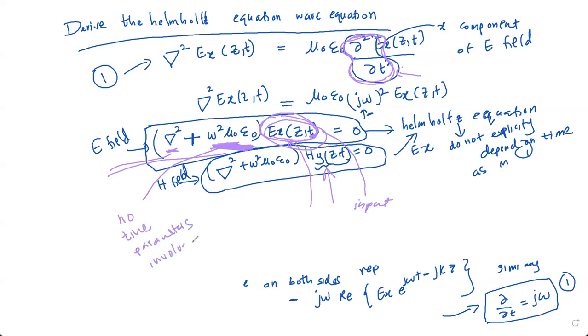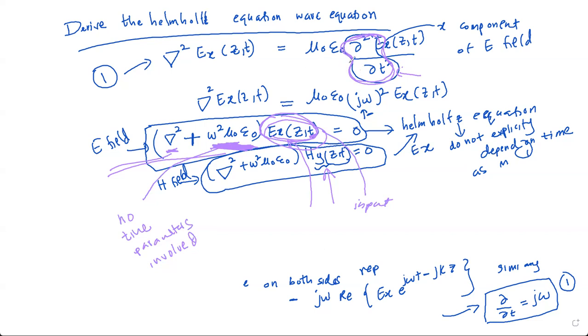So therefore, there is no explicit time dependency in this operation, as opposed to the wave equation we learned earlier, which has explicit time dependence on the wave, on the electric field or magnetic field components.